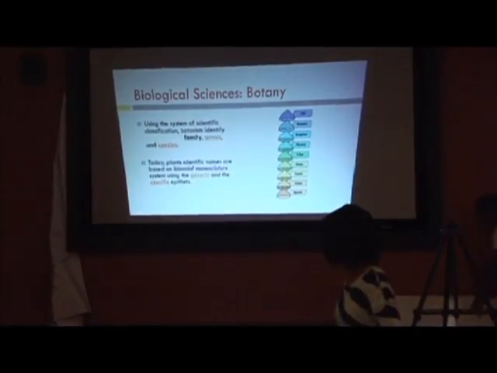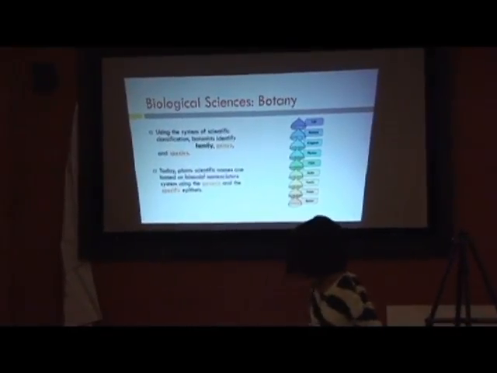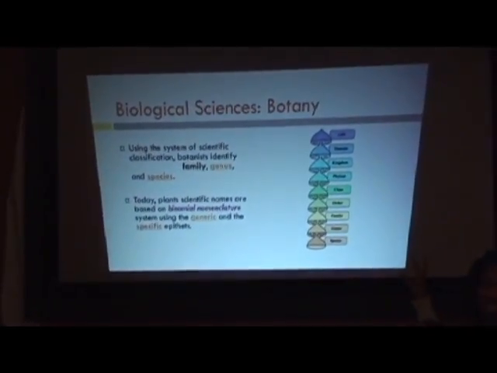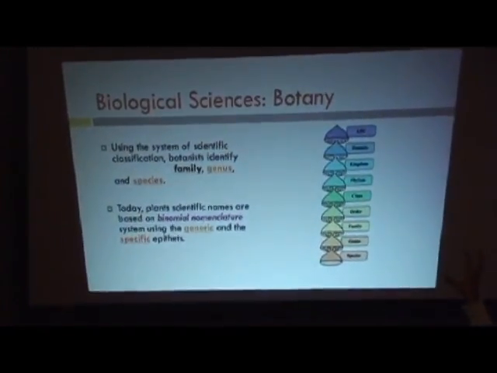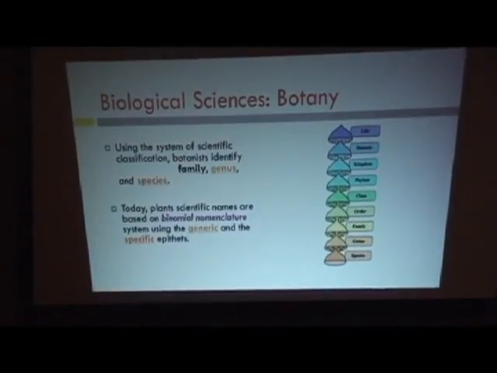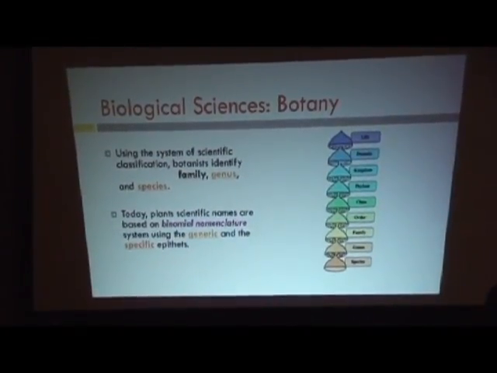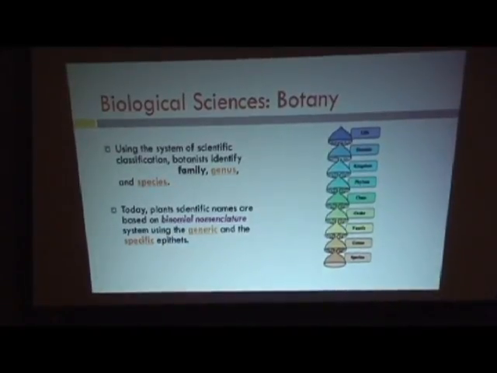Okay. For example, what you see up here is taxonomy, which refers to how do I classify something? How do I classify an animal? How do I classify a plant?